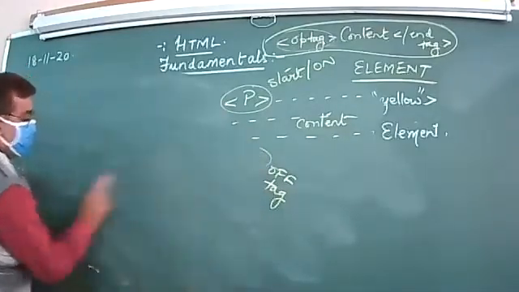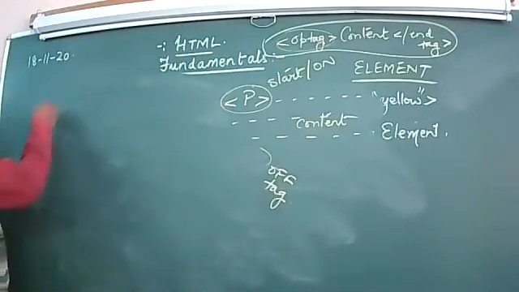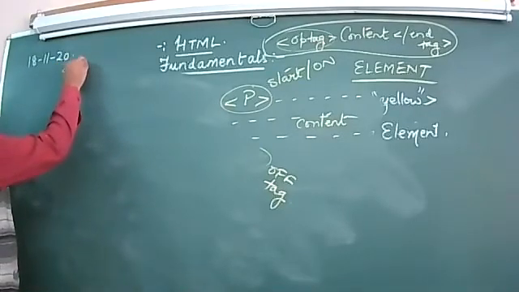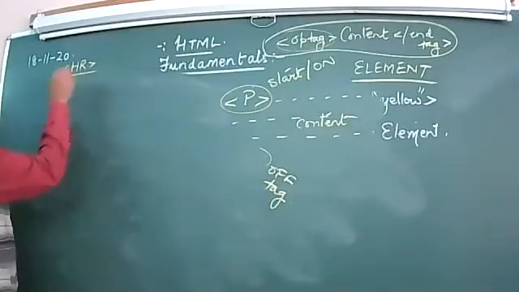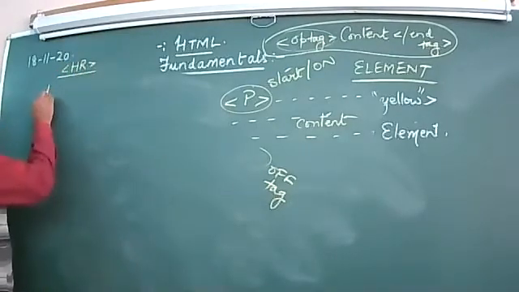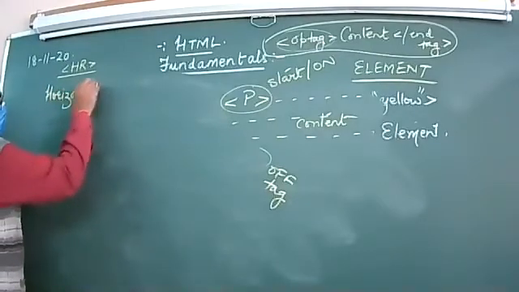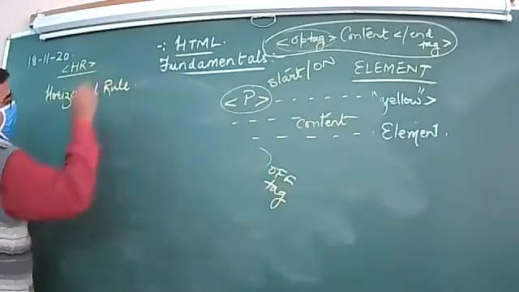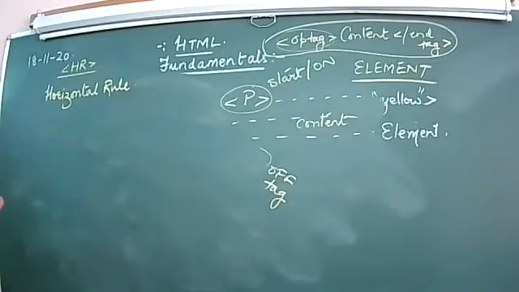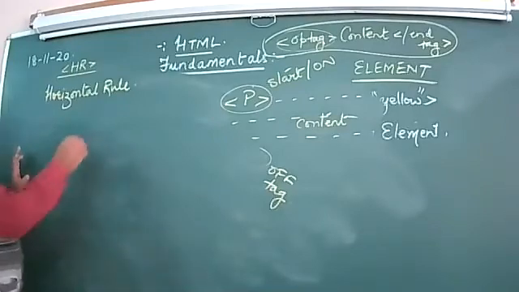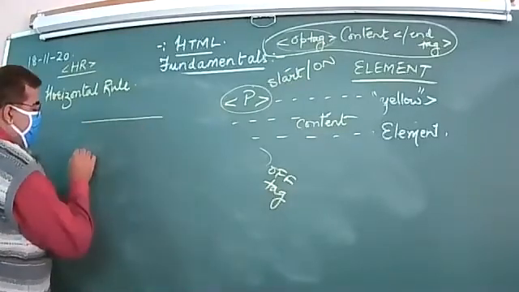Now let us discuss the role of another formatting tag that is called HR. HR stands for horizontal rule. Now what actually is the role of HR? HR is a tag that divides your web page into different sections.